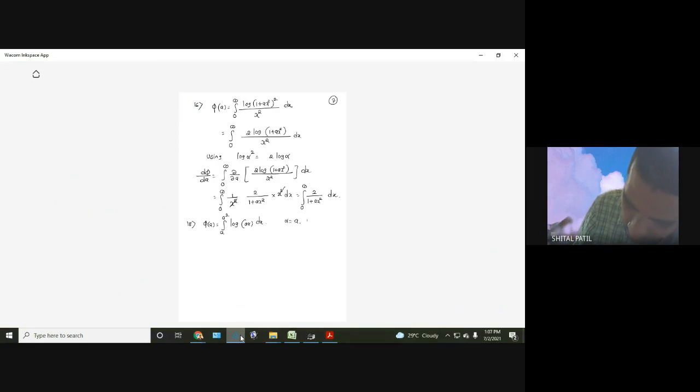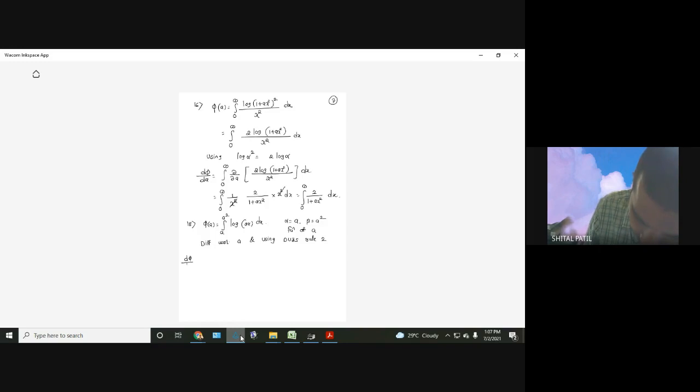Alpha equal to a, beta equal to a square. They are functions of a, they are not constant. So differentiating with respect to a and using DUIS rule 2. Yes, use DUIS rule 2.